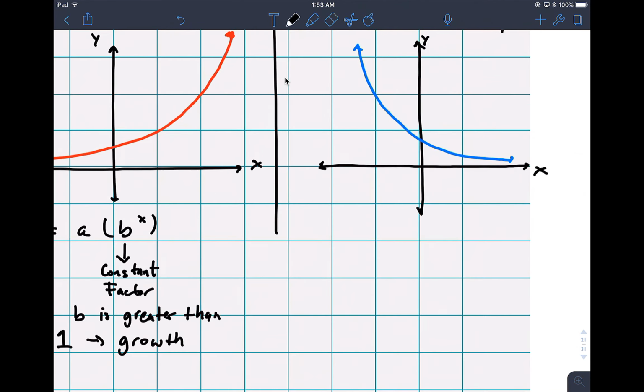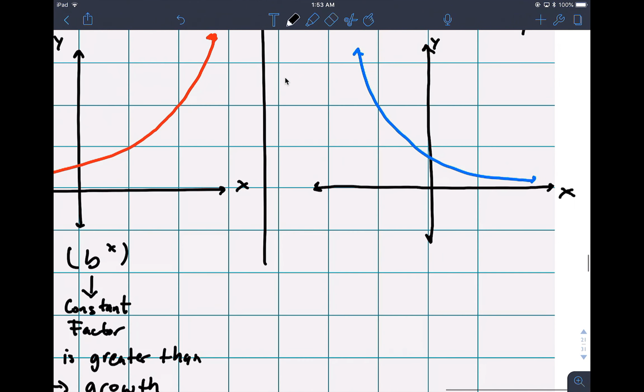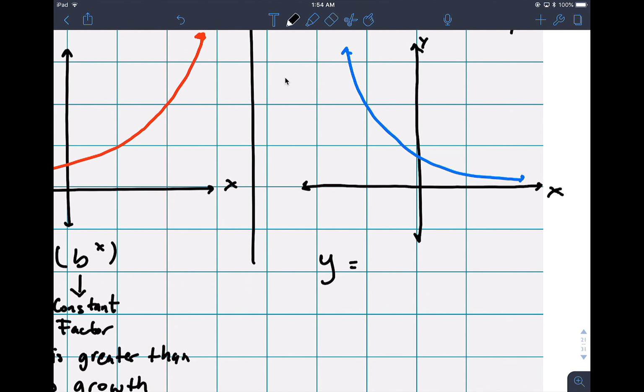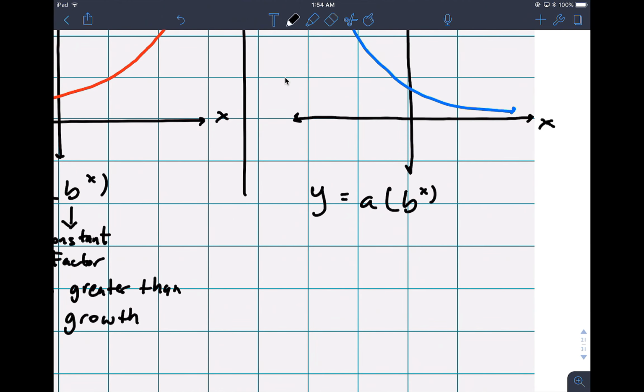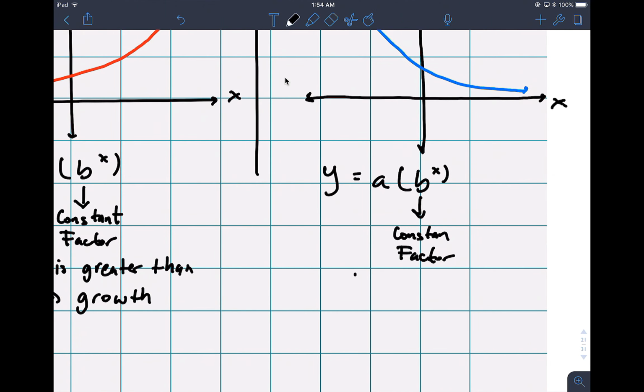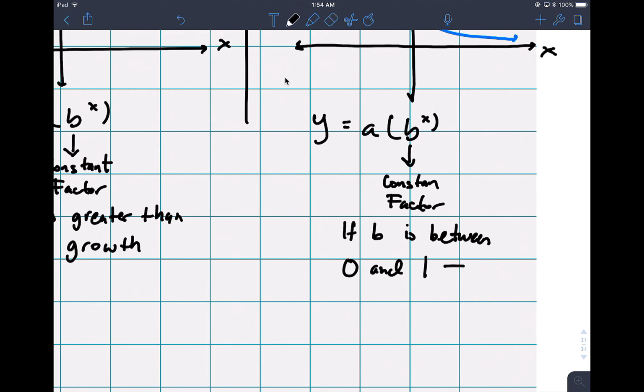And for exponential decay, again, the function looks like this: y is equal to a times b to the x power, again, where b is the constant factor. So if b is between 0 and 1, then we're going to have decay.